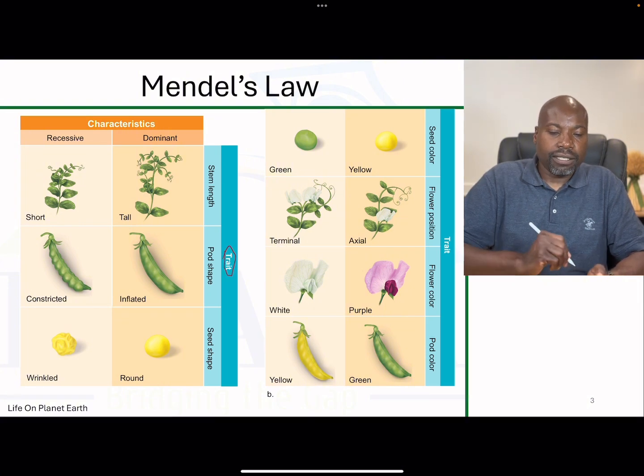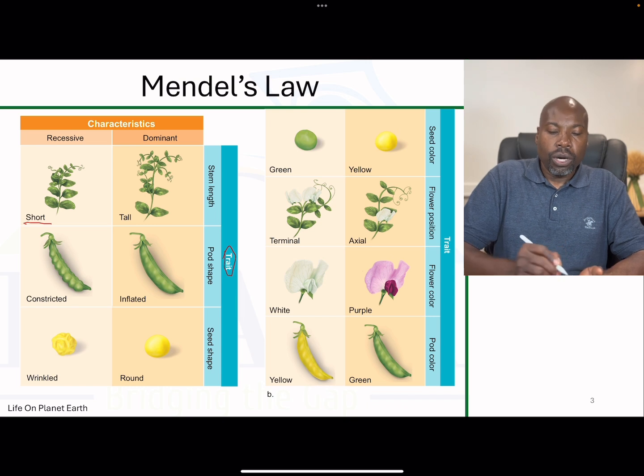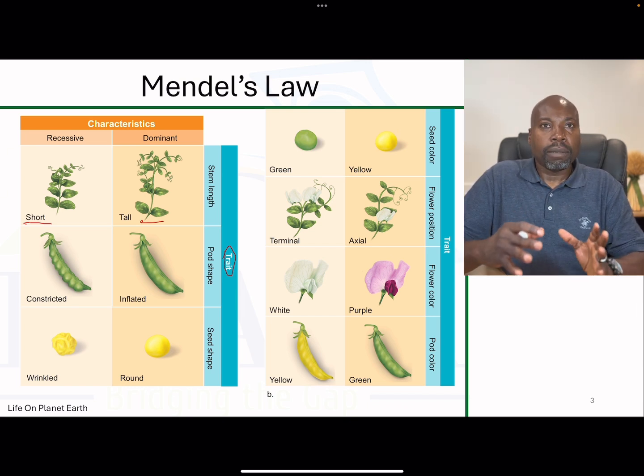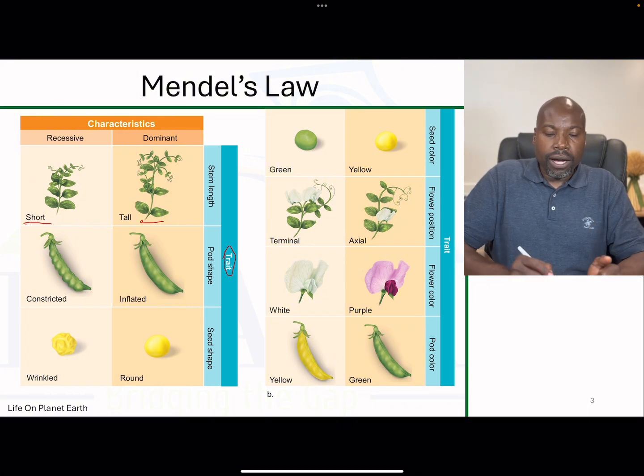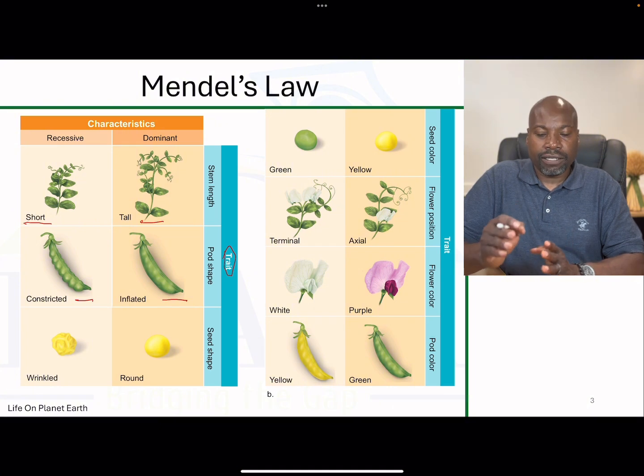Some of the traits he looked at were, for instance, the length of the stems. Some stems were short, others were tall. He looked at the pods. Some pods were inflated, some were constricted. He looked at not only the color of the seeds, but also the shape of the seeds.